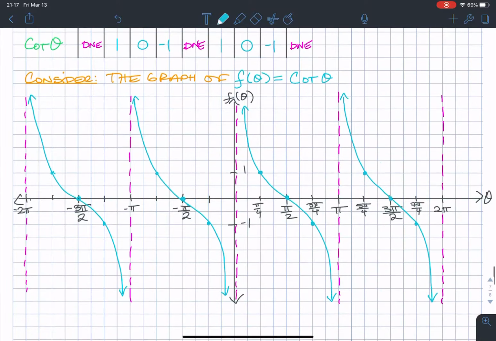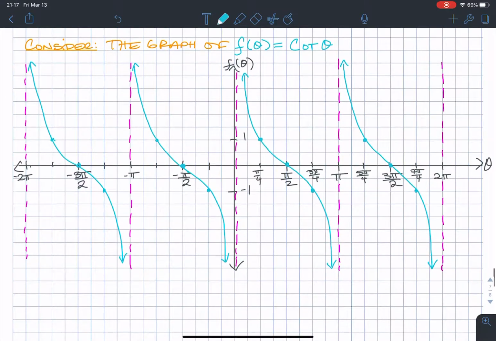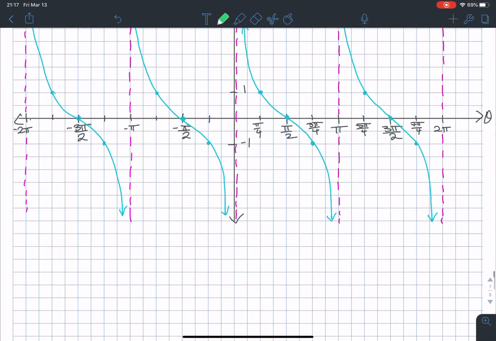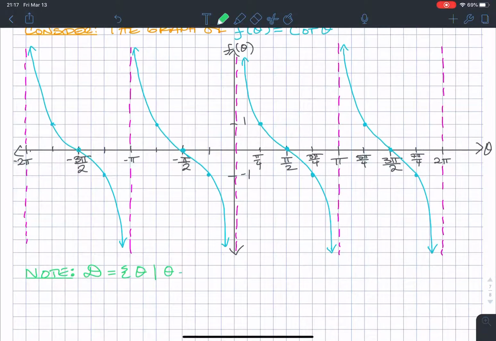Okay, so this does look kind of like tangent. However, it's going downhill in reading direction. So let's note, what are the restrictions to the domain? Cotangent has sine of theta in the denominator. So the domain will be all values of theta for which sine is non-zero. So therefore, theta cannot be equal to those values that lie on the x-axis.